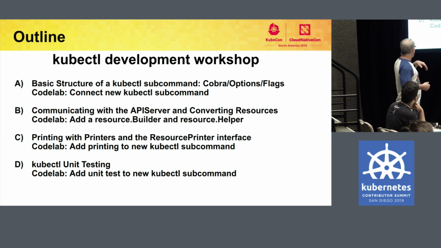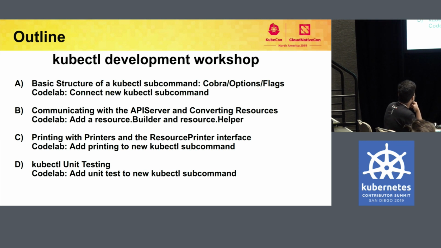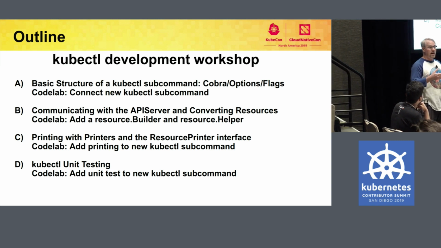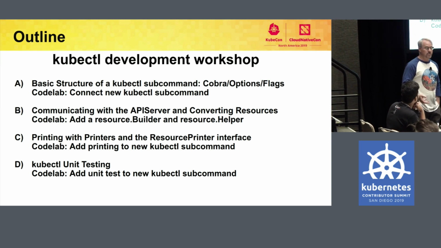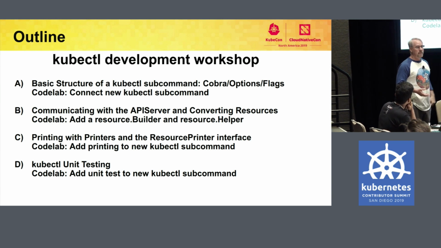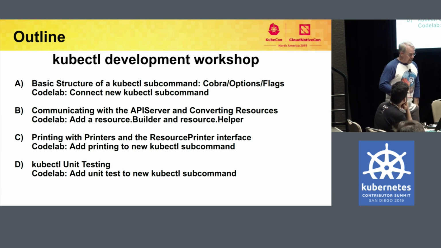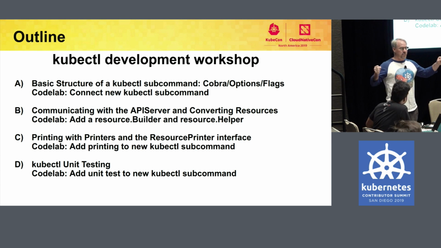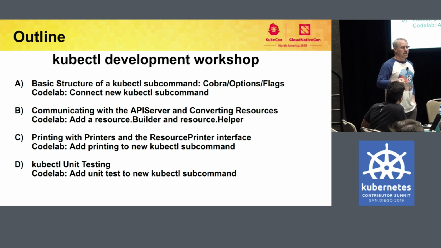And then the second part is where we start really getting into some of the deeper parts, which is the API machinery, and also how to read resource files off the local file system. At the end of that code lab, we'll add a resource helper and a resource builder, which are structures or encapsulations that you're going to see in many different kube control commands.